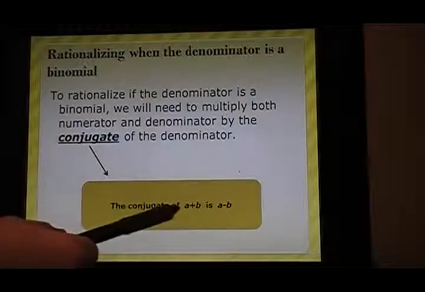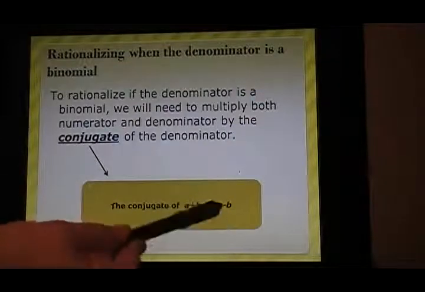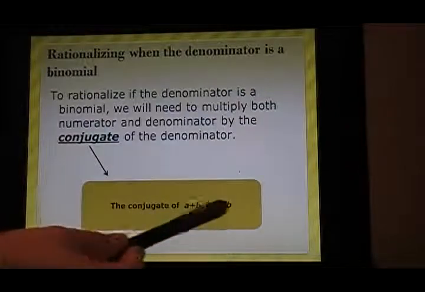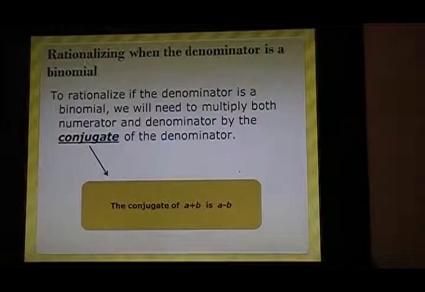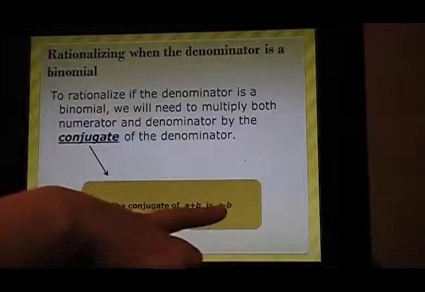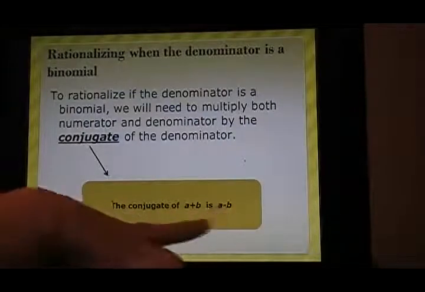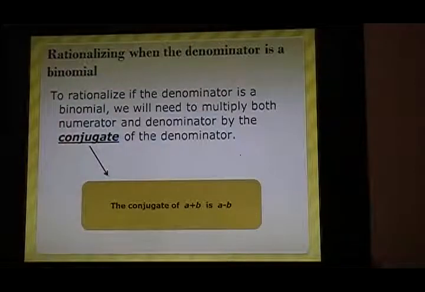The conjugate of a plus b is a minus b. The conjugate of a minus b is a plus b. So when you have a binomial, you basically multiply by another binomial, and I'll show you how it all works, so that it's just the middle sign that's different.